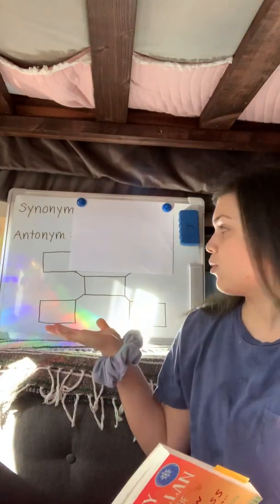I want everyone to look at this whiteboard, and hopefully I don't block it the whole time. I've written the words synonym and antonym at the top because we're going to be finding synonyms and antonyms for the words we choose to put on our word maps. Can someone raise their hand and remind us of what a synonym is?